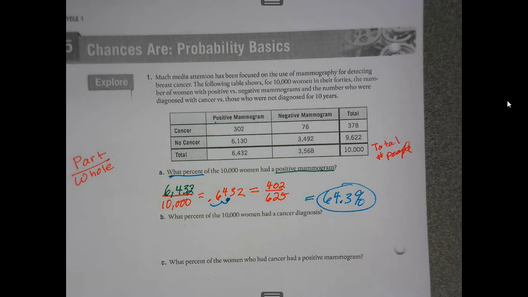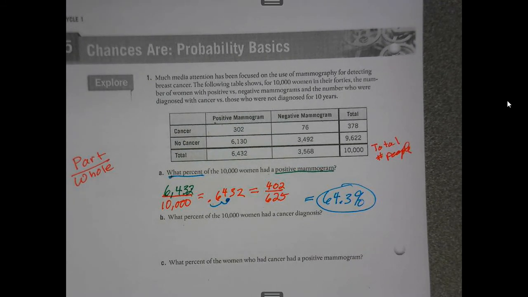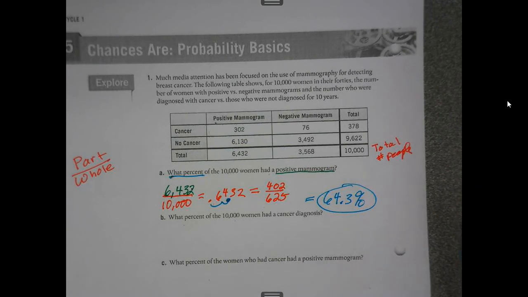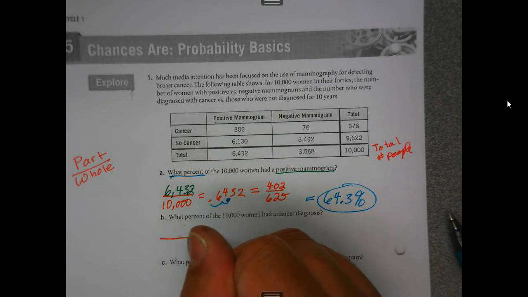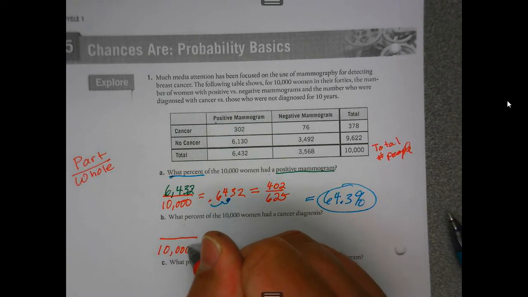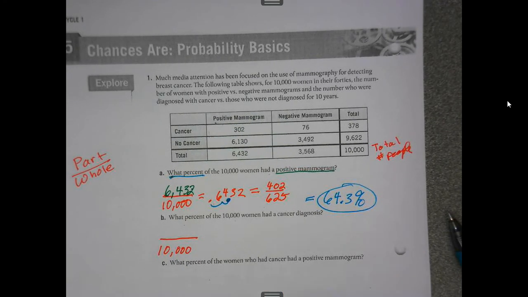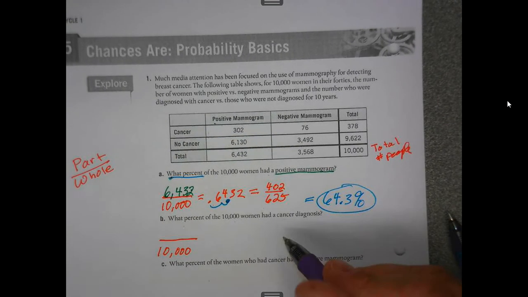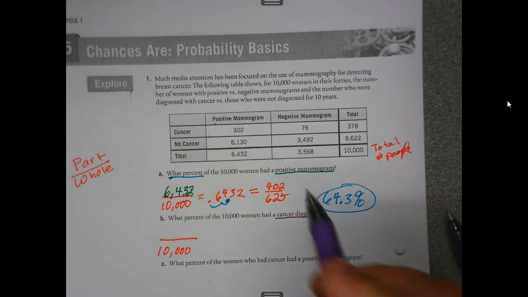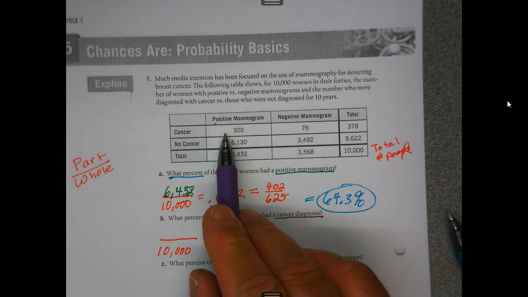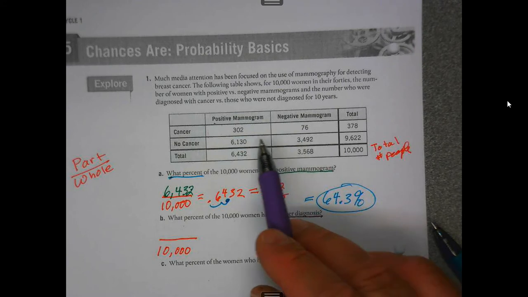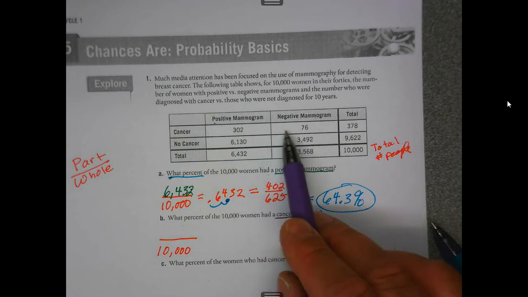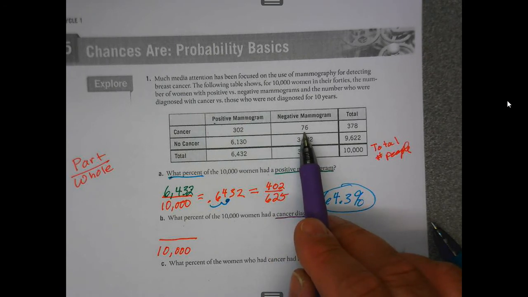Okay, B, what percent of the 10,000 women, so here we go, the total is our 10,000, had a cancer diagnosis? Now we look at who actually had a cancer diagnosis. Well, here's cancer, and so the actual ones that had a cancer diagnosis actually included those 76, even though they ended up negative, but they were diagnosed.